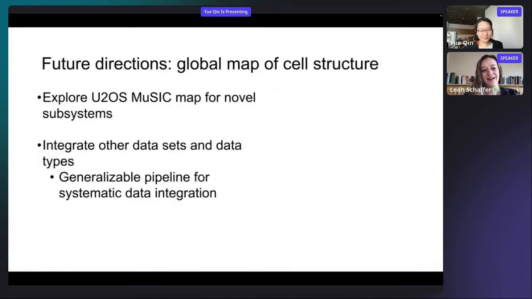Looking even further forward, we're now looking to explore this MuSIC map for novel subsystems and potentially design functional assays to validate them. And I saw a question in the chat that addresses this. We're also interested in integrating other data sets and other data types. I want to drive home the point that this is a generalizable pipeline for integrating data.